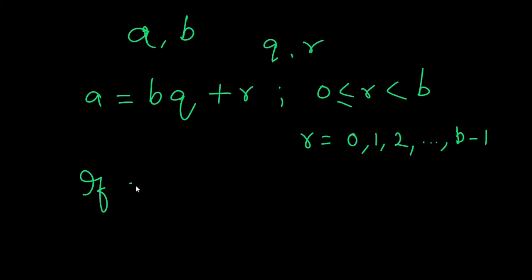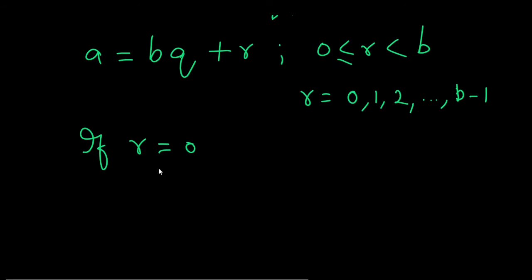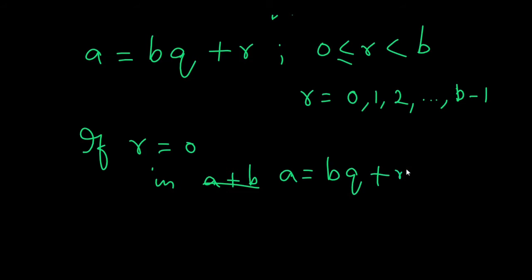If r is equal to 0, in a is equal to bq plus r, we get a is equal to bq.